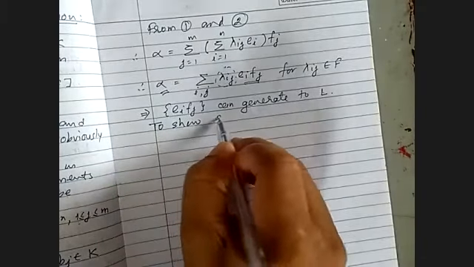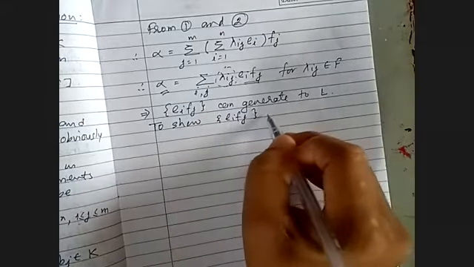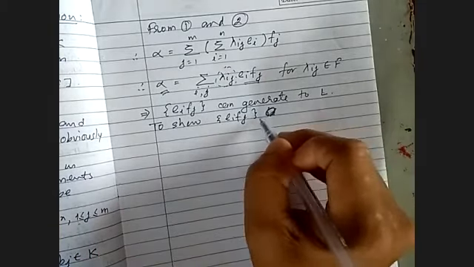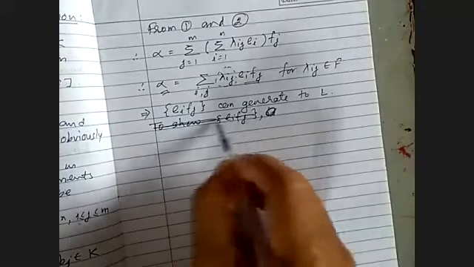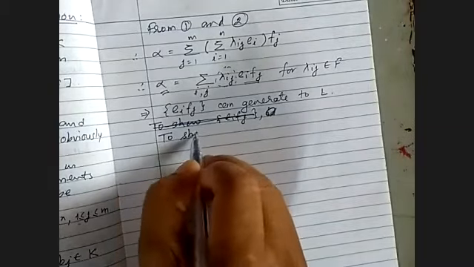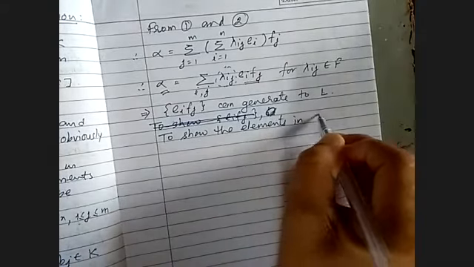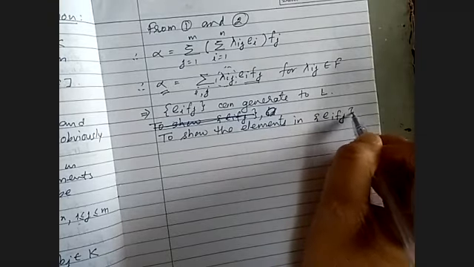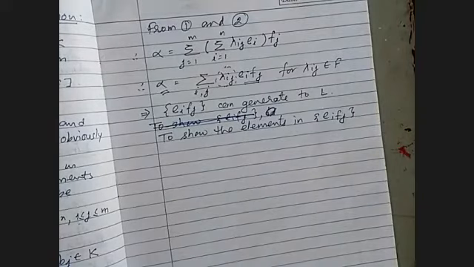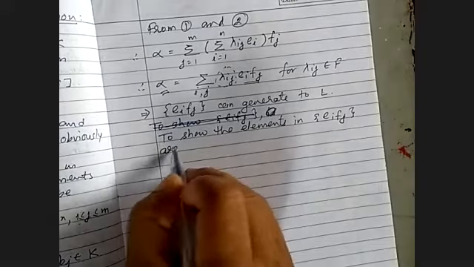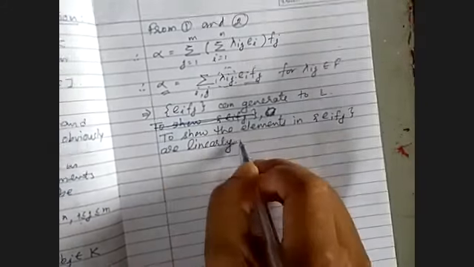To show the elements in the set of these generator elements are linearly independent.